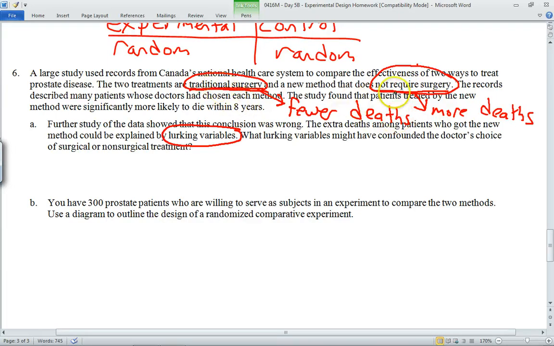What kinds of factors might go into your decision as you try to decide, are you going to give this patient surgery or not? What might cause you to give one patient surgery and recommend no surgery for the other patient? What kind of factors would cause you to choose differently?